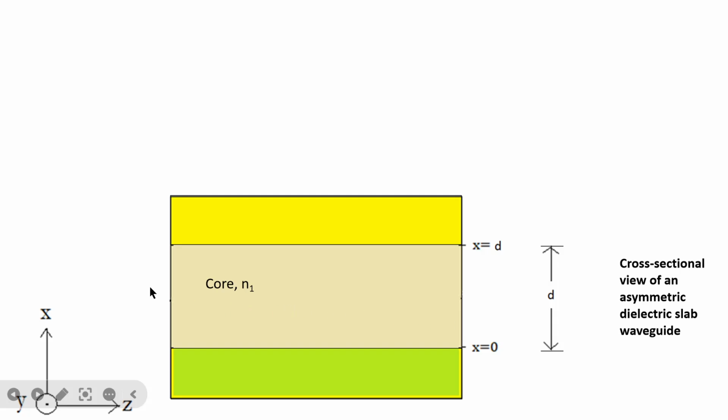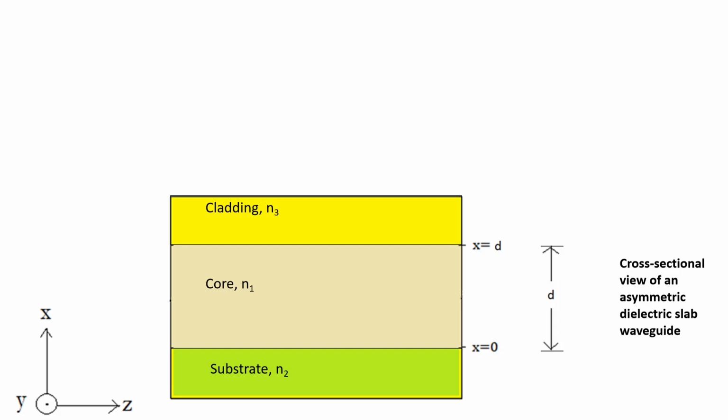The thickness of the core is assumed to be d, and the bottom layer supporting the core layer is the so-called substrate, and we use refractive index n2 to describe this layer. And the top layer is called cladding, and the refractive index is n3.